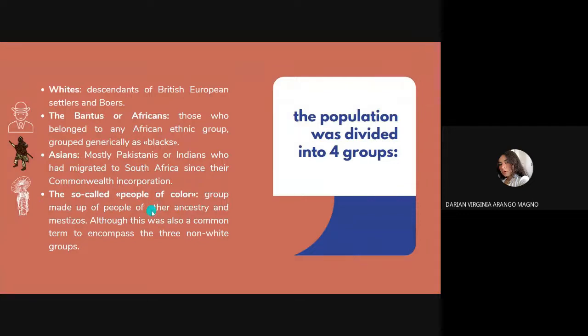And finally, the so-called colored people, a group made up of people of other ancestry and mestizos, although this term was also commonly used to encompass the three non-white groups. And the next slide, please.